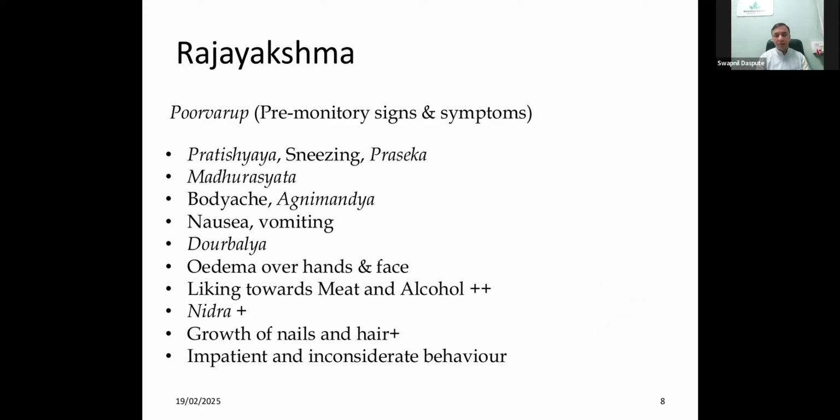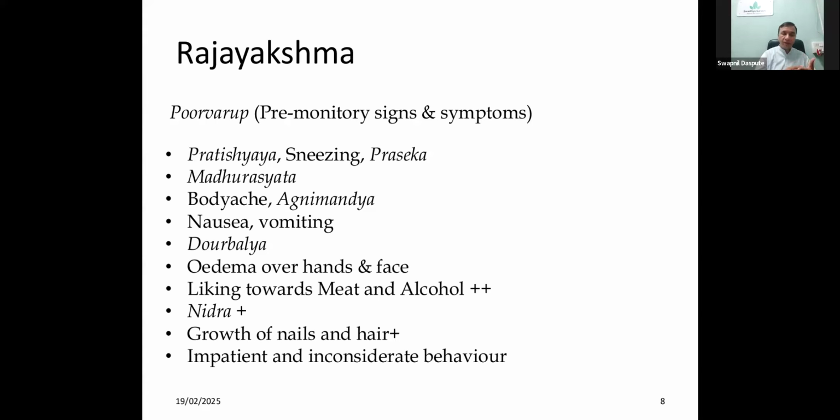Rajakshma are. Now, with whatever we have seen till now, you must have realized that Rajakshma is not an easy disease to treat, or even for the patient to experience. When we understand that there is Jatharagni Mandya, Dhatu Agni Mandya, depletion of dhatus, and aggravation of doshas, so all three doshas are involved, which are aggravated.